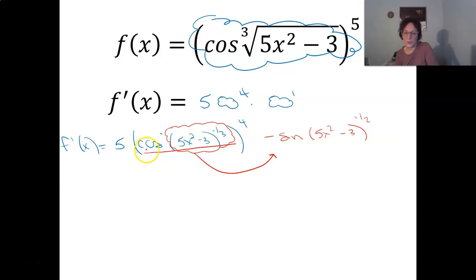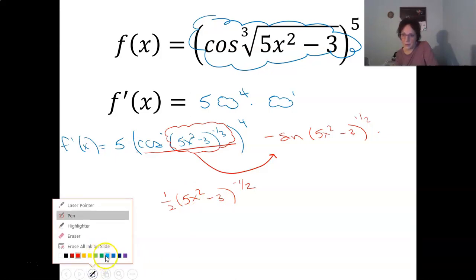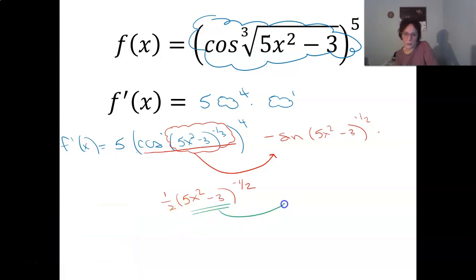So the derivative of the cosine of this is the negative sine of that times the derivative of it, which is 1/2 5x squared minus 3 to the negative 1/2. And oh my gosh, I still have a cloud, because this wasn't just x to the 1/2, it was a quantity to the 1/2. So I have a third chain to do. I still have to do the derivative of the inside of that, which is 10x.